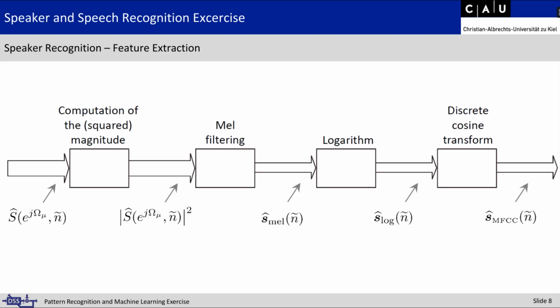The MFCCs are calculated from the short-term power spectrum, and at first we calculate the squared magnitude of it. Afterwards we apply some Mel filtering. Mel filtering is just a mapping of the values to a certain other scale.